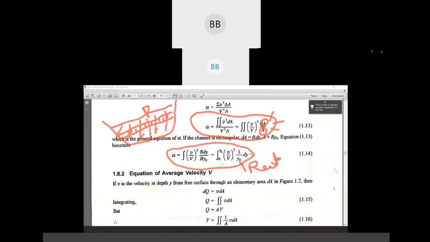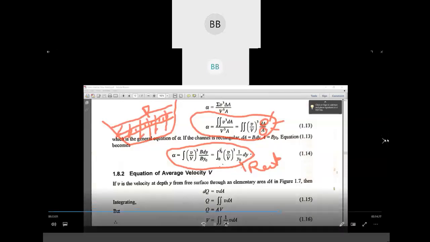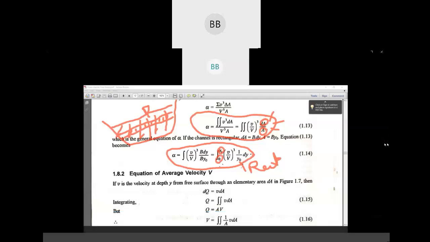When we consider this value, we have to consider the area of the whole trapezoidal section. But this limit will be the same, from 0 to y naught. If y naught is the depth of flow, suppose the depth of flow is 5 meter, then the limit will be from 0 to 5 meter. Why is this limit related to the depth?